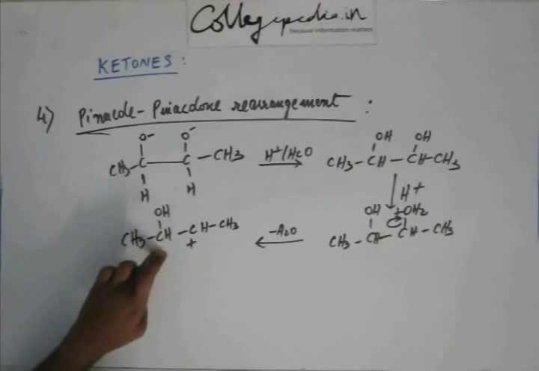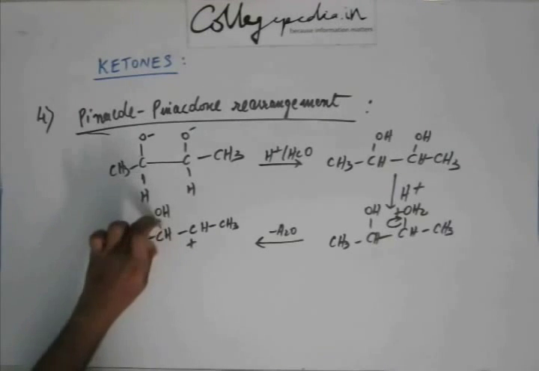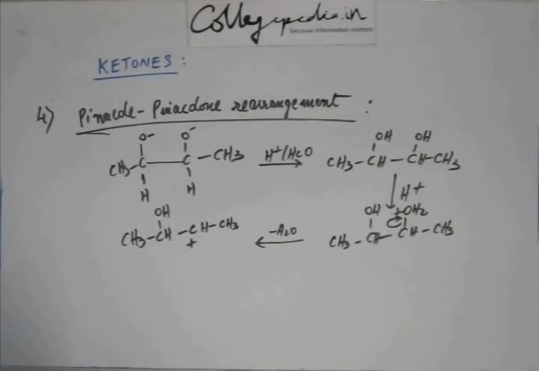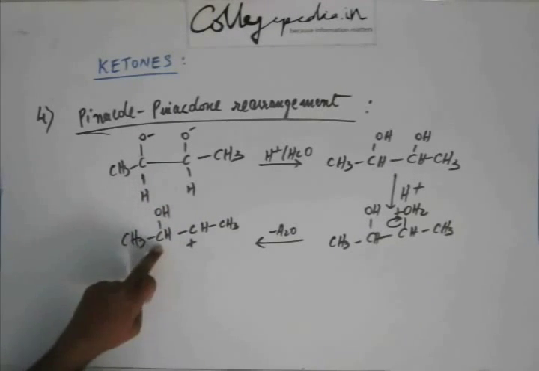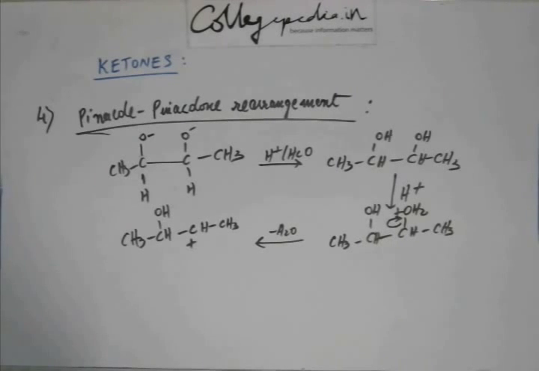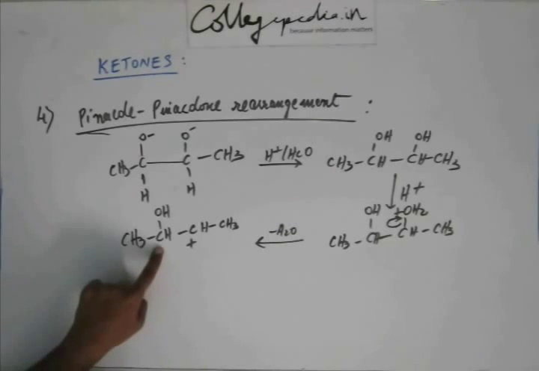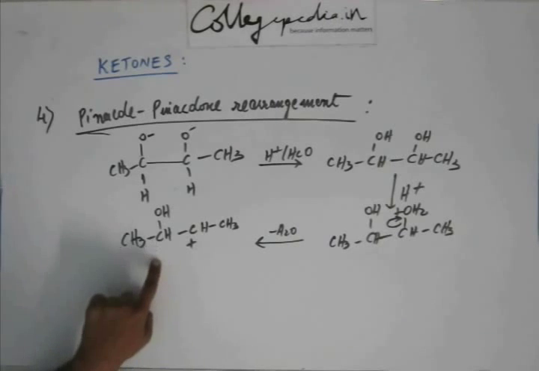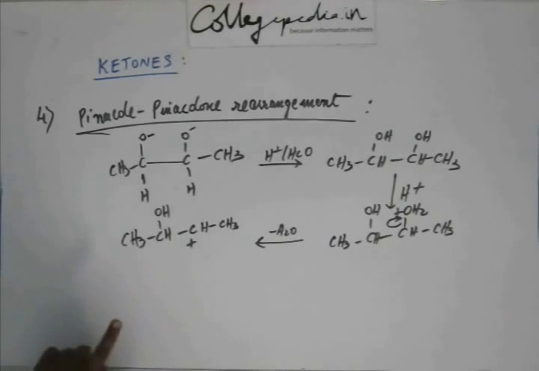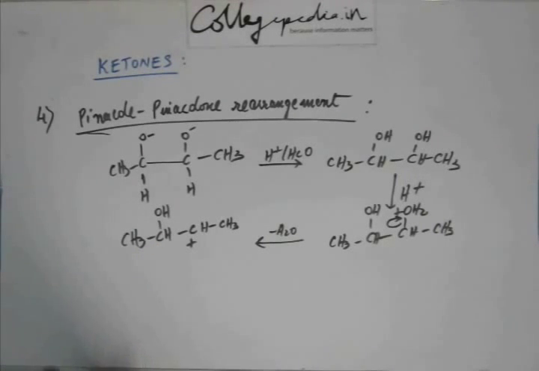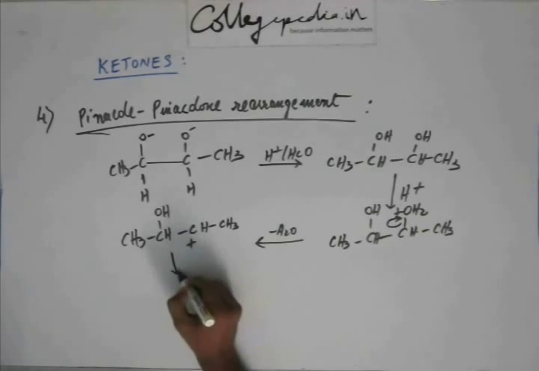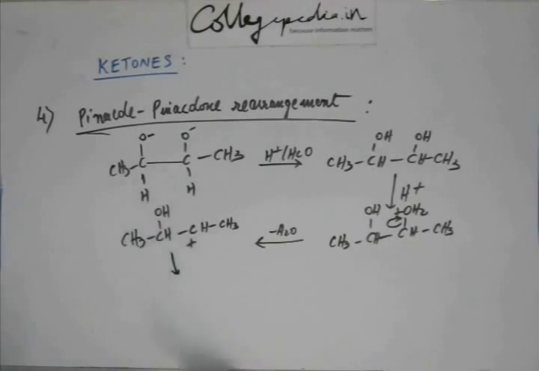Whenever you have a plus charge on a carbon adjacent to the carbon having OH group, that means if OH group is attached to that carbon, then this carbon will be the alpha carbon for this OH group, and the carbon next to this alpha carbon will be the beta carbon. So whenever you have a plus charge on the beta carbon with respect to OH group, then a group attached to the alpha carbon will migrate to the beta carbon in order to bring a plus charge on the alpha carbon. Let's see why, but let's migrate a group and bring the plus charge from beta carbon to alpha carbon.